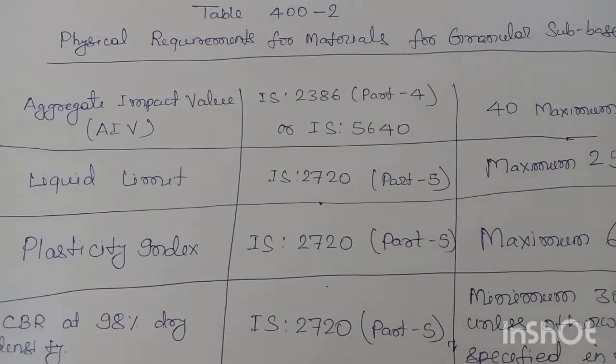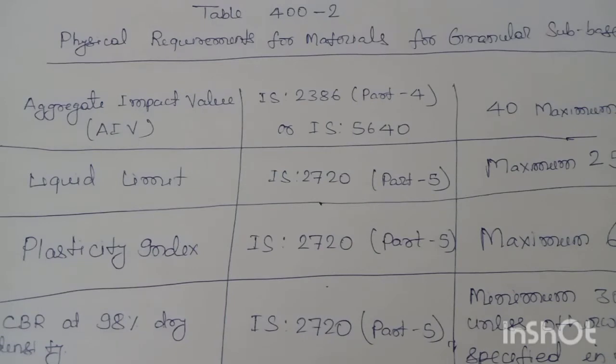Table 400-2: Physical requirements for material for granular sub base. Aggregate impact value, AIV, IS 2386 Part 4 or IS 5640: 40 maximum. Liquid limit, IS 2720 Part 5: maximum 25.